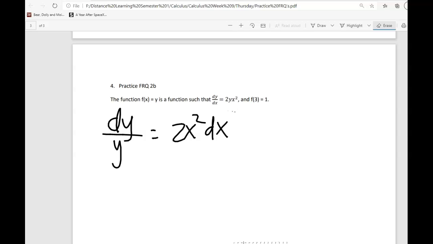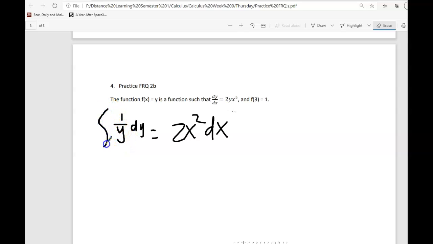Now I don't personally like to write this in that way. I just did that because it makes sense initially, but ultimately I prefer to write it like this. One over y dy. Okay? So instead of having dy over y, I prefer to write it as 1 over y dy.